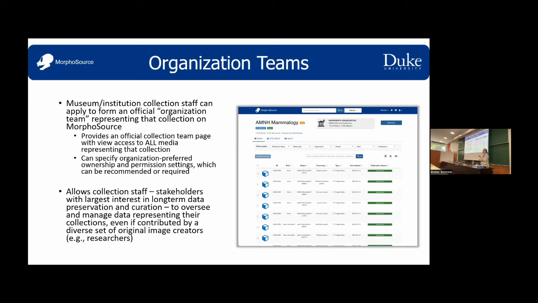The collection staff doesn't have to, but they do get the option. And the user, when they upload that data, is made very aware of that. They have to agree. It doesn't apply retroactively, but if someone uploads media and it says this ichthyology collection mandates organizational control, then museums are able to have that oversight.